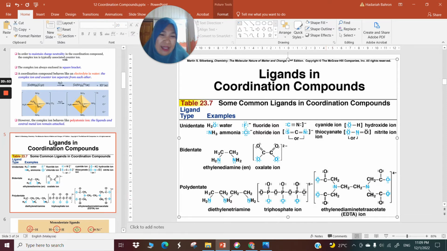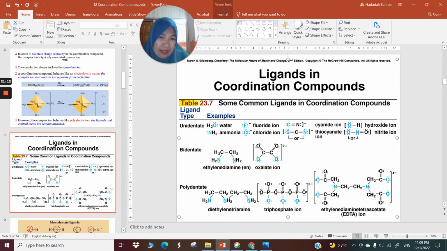So there are tetraacetate, and in the middle it is ethylene diamine. So it is simply called ethylene diamine tetraacetate, or EDTA. So EDTA is an example of a polydentate ligand that has six donor atoms.